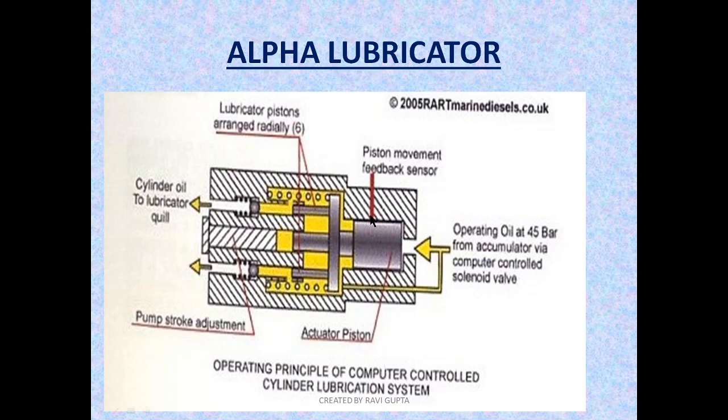So let's see how it works. The oil is coming at 45 bar, and a part of it is going and filling up this space. That same oil is pushing the actuator piston. As the actuator piston is pushed, it moves down, increasing the pressure such that it overcomes the spring pressure, and the ball is moved down, and the oil is injected to the lubricating quill.